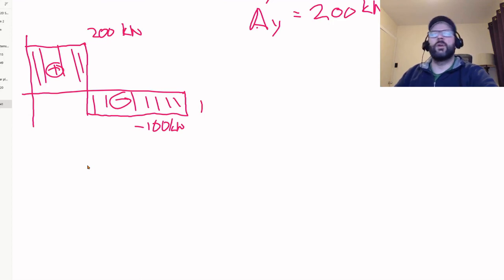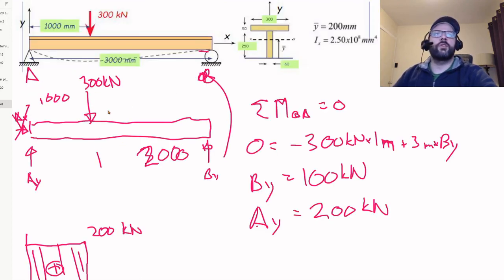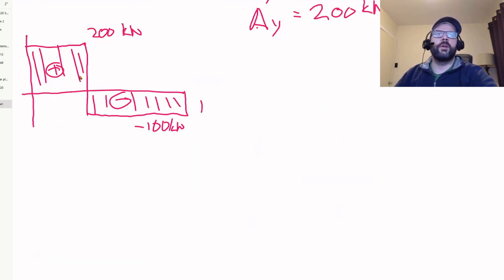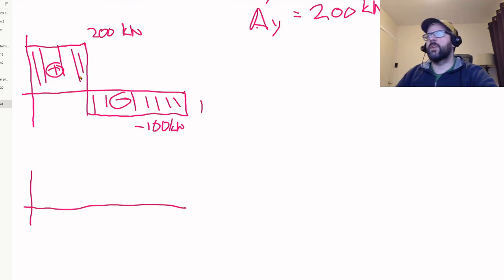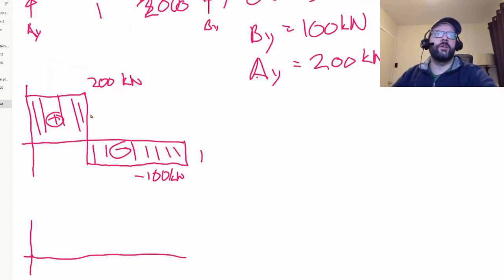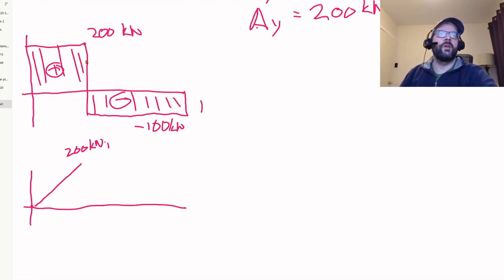So if we were to integrate our shear diagram in order to find our moment diagram, well, we'd start off at 0 because it's a pin connection, and then we would increase at a rate of 200 kilonewtons. So if we go over that 1 meter, that would bring us up to 200 kilonewton meters.